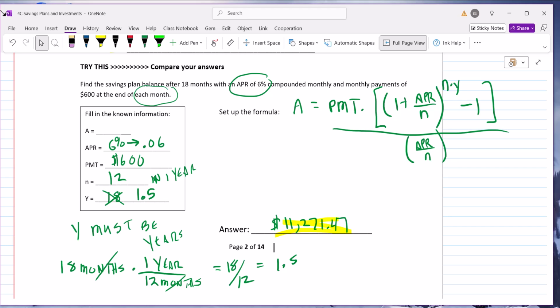I think we got that in. So it's like 1 plus 0.06 over 12. Now get out of the parentheses, make sure that you're out of the parentheses, and then do the exponent, and then just do 12 times 1.5. And then get out of the exponent and subtract 1.